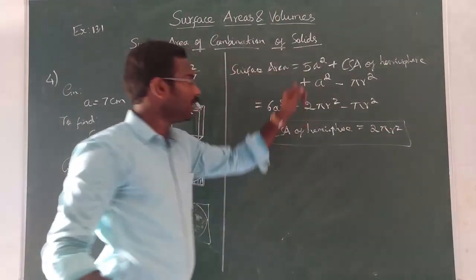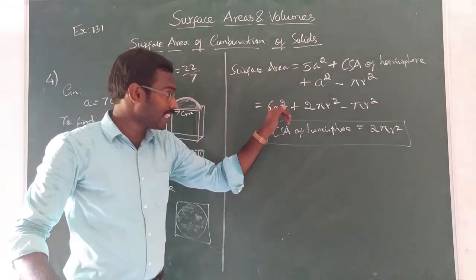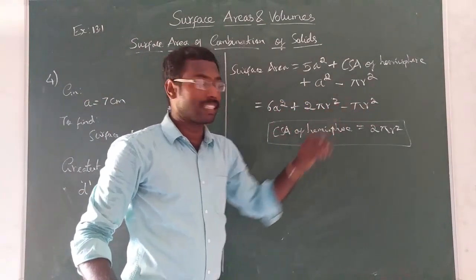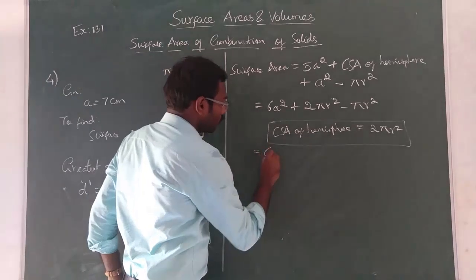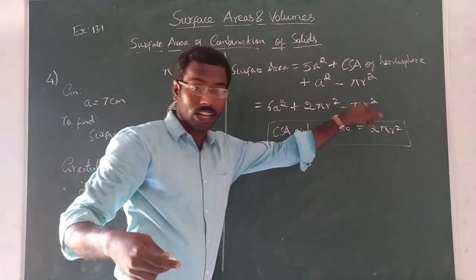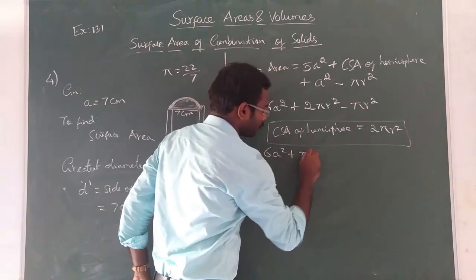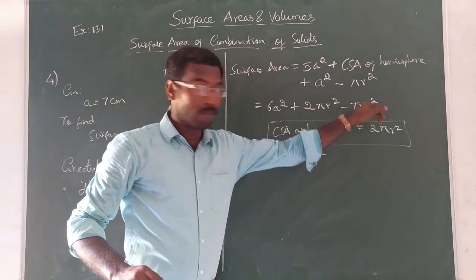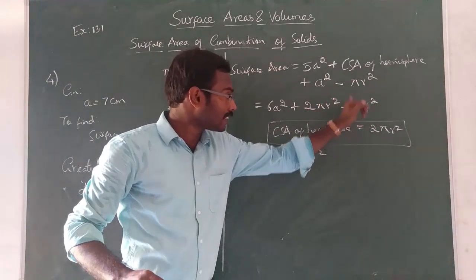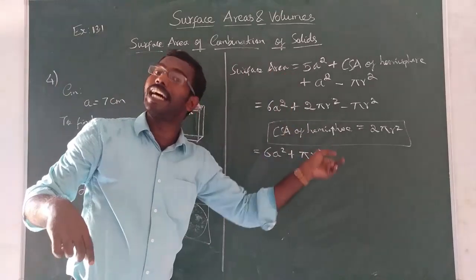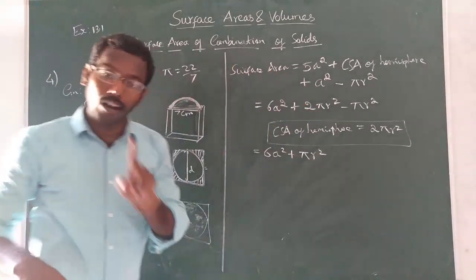Now listen carefully. 5a square plus a square is 6a square plus 2 pi r square minus pi r square, that is equal to 2 pi r square minus pi r square is 2 minus 1, that is pi r square. So if you have doubt here, take the pi r square as common, bracket here 2 will be there, here minus nothing is there, so 1 will be there. So 2 minus 1 is 1. So pi r square into 1 is pi r square. Are you all following me?